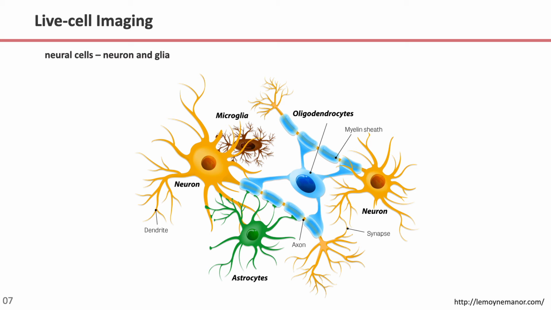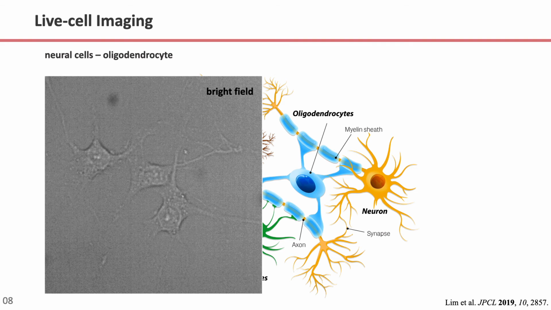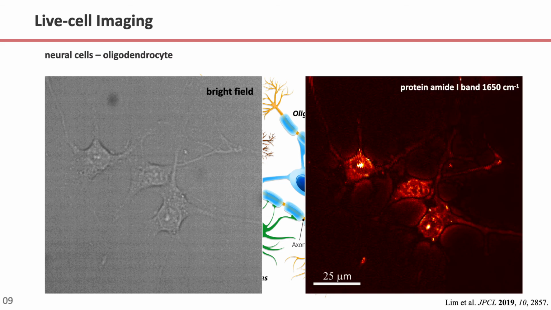Here we also expect to observe the vesicle transport through the axons. This is a bright field image of the oligodendrocyte, one of the glia in neural cells. To make the bridge among the neurons and axons, they have such long arms and branches.